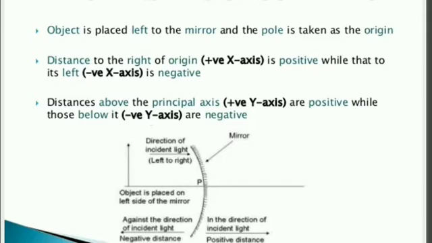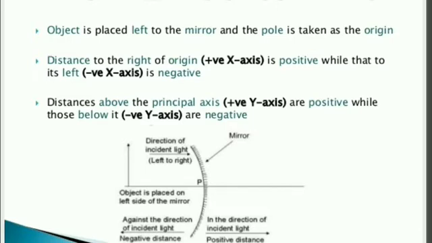Then all the distances measured to the right of the origin along the x-axis are taken to be positive, while those measured to the left of the origin along the minus x-axis are taken to be negative.